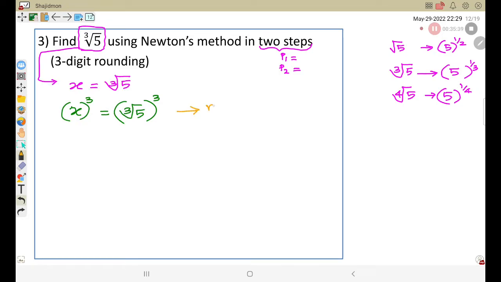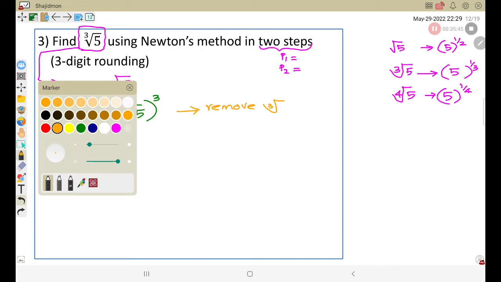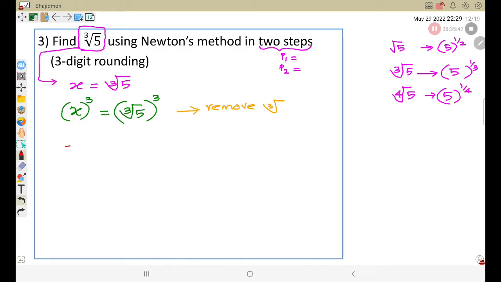For removing the cube root symbol. So x power 3 equals 5, since the cube root and power 3 cancel. Now take 5 to the left side: x power 3 minus 5 equal to 0.